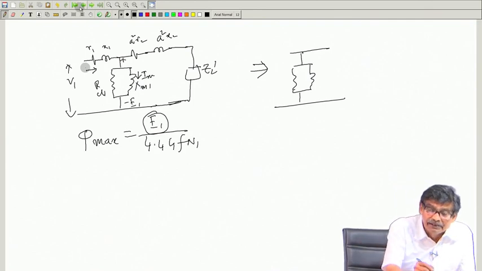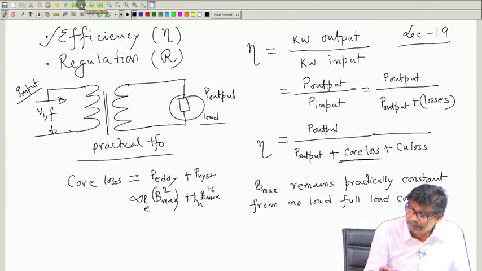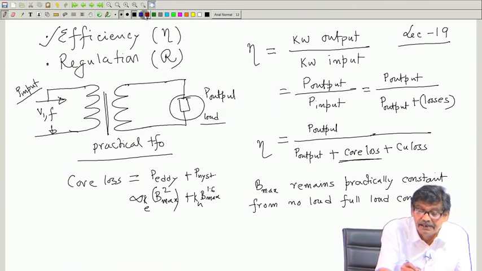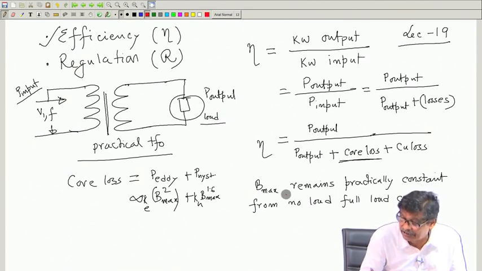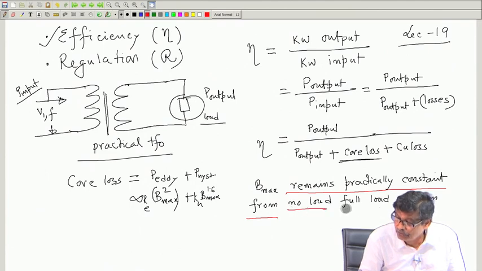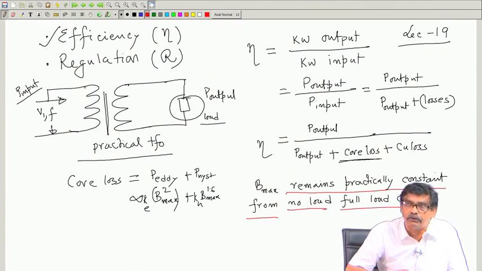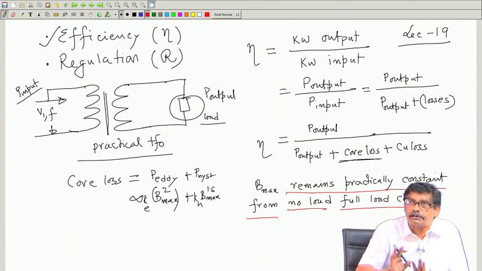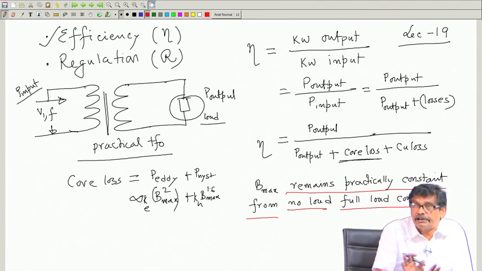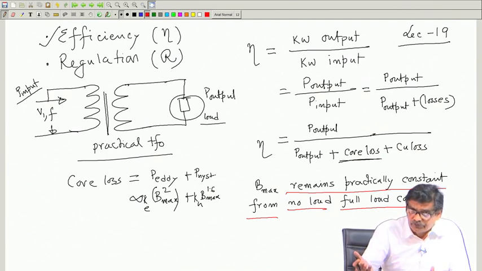So, the assumption is that B max remains practically constant from no load to full load condition. Full load condition you must have understood now: the coils carry rated current and the applied voltage is rated at rated frequency. So, flux is almost rated from no load to full load.